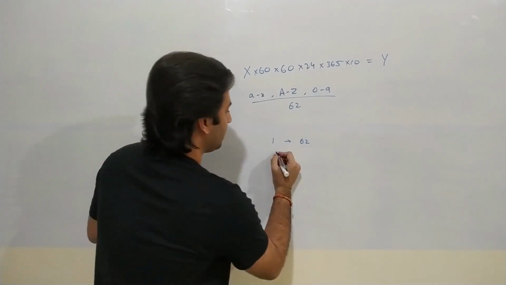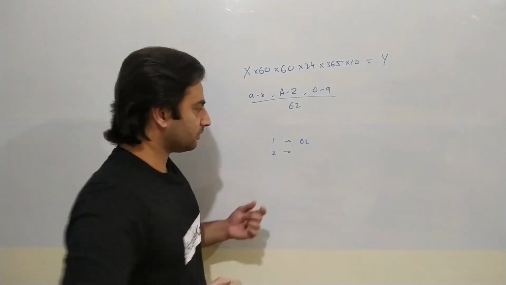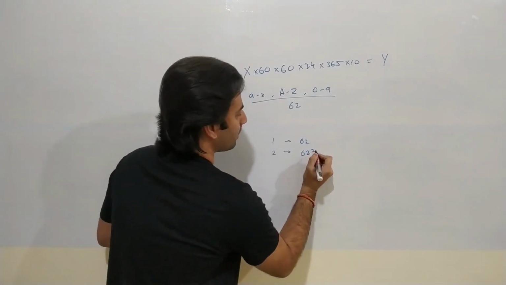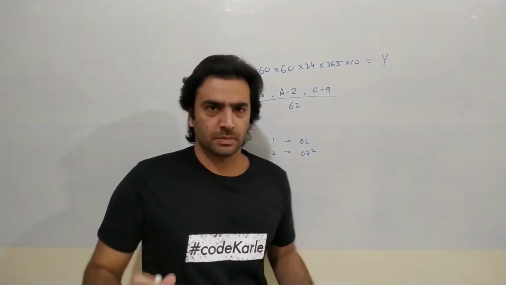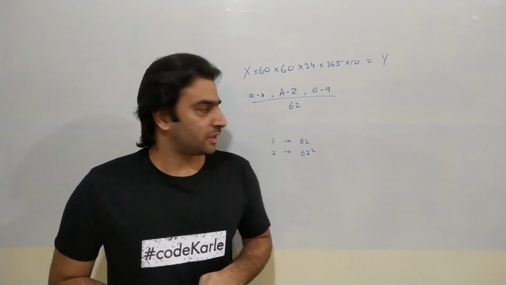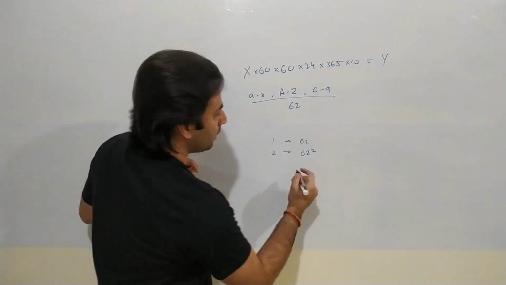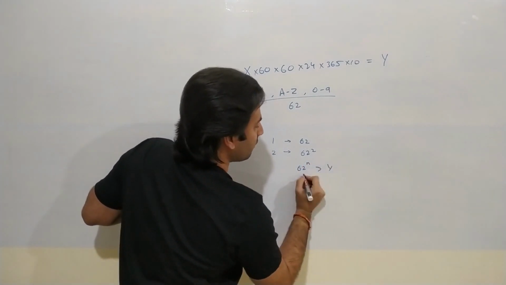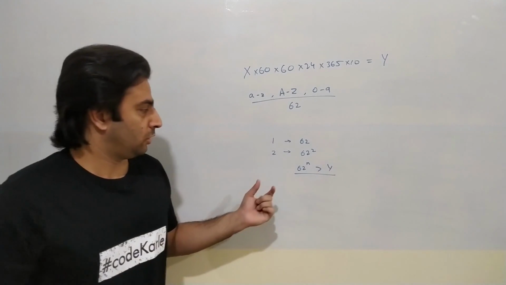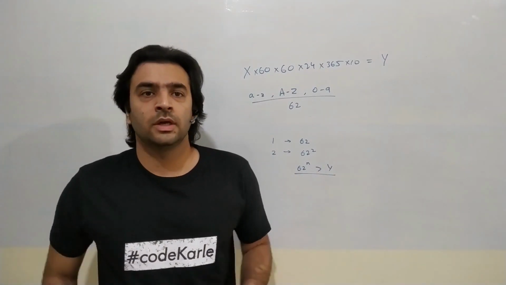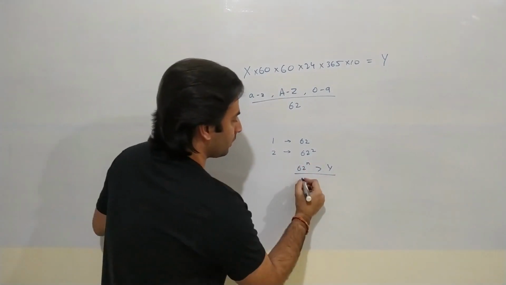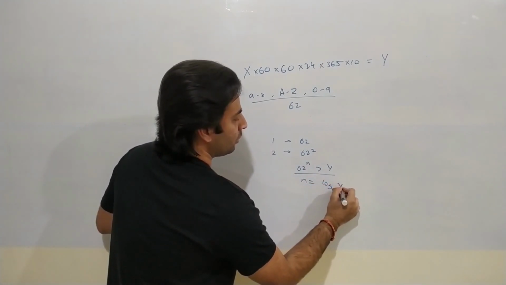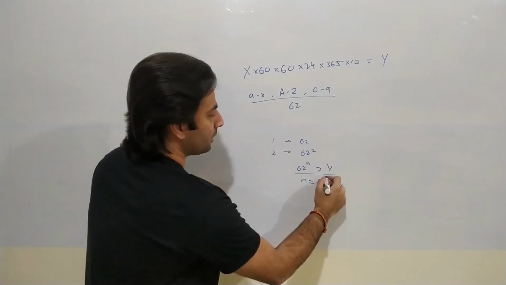If the length of the short URL is 2, then you can support 62 to the power 2 URLs. Basically, you need to come up with a number n where 62 to the power n is greater than this number y. You solve this equation and you get the answer to n. So n would be log base 62 of y, the ceiling of it.